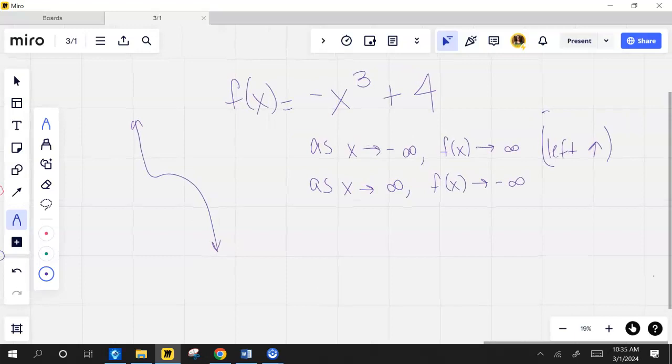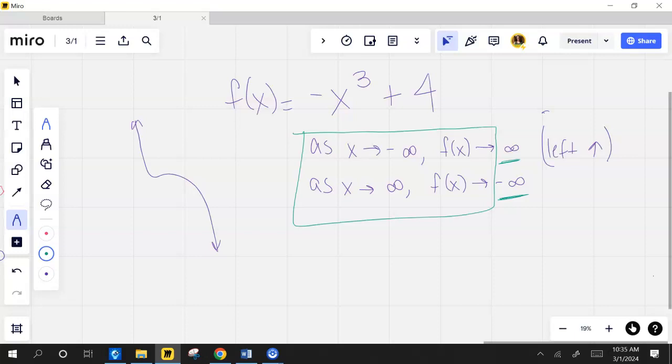You're only looking at the very ends of it. Your end behavior, whenever I ask you for it, is always going to be exactly the same. It's going to be this, and then you're going to fill in these two every single time.